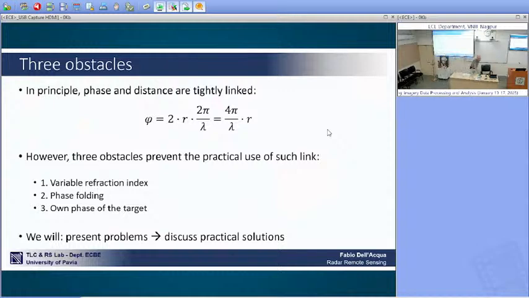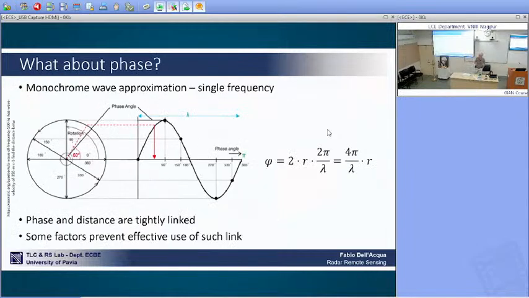I think you have seen the concept of sine wave and the phase of the sine wave. The phase is the displacement, as I said at the beginning, of the considered sine wave with respect to a certain zero, which I keep track of when I send out the radar image.